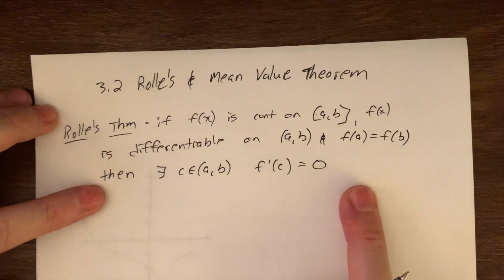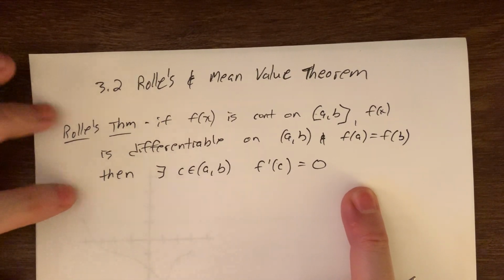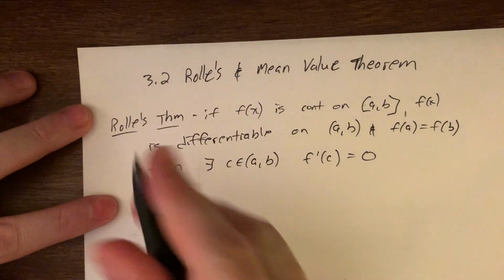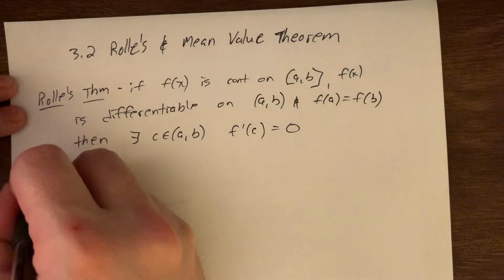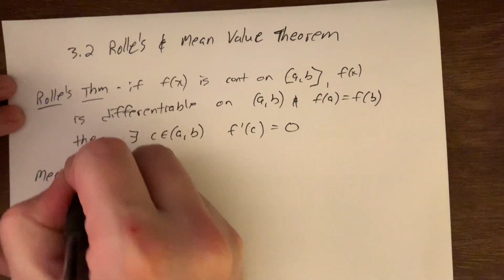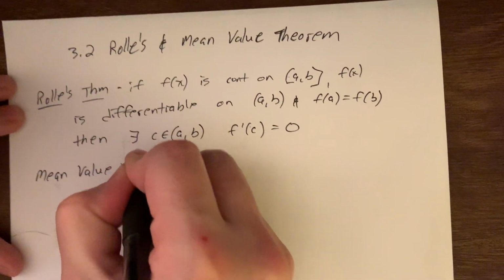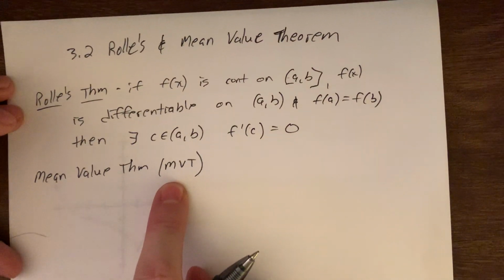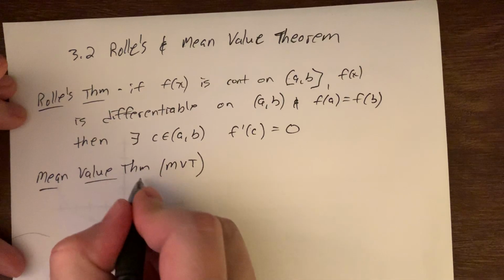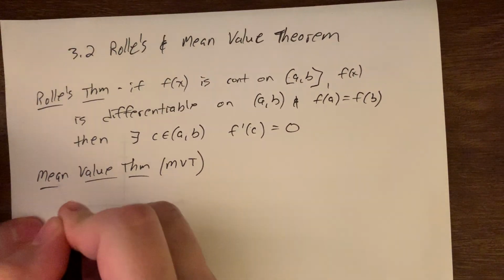So before we finally start to see a little more understanding of what this is saying and how this works, let's immediately move into mean value theorem, because they are very, very similar in their presentation. Mean value theorem, or MVT for short. Mean value theorem starts in a similar way.